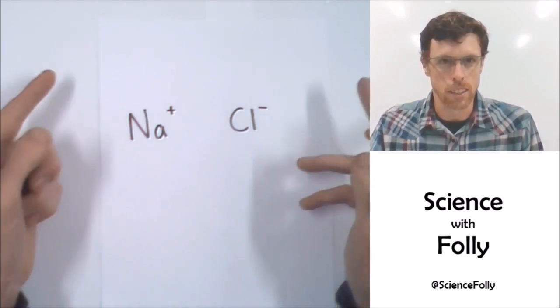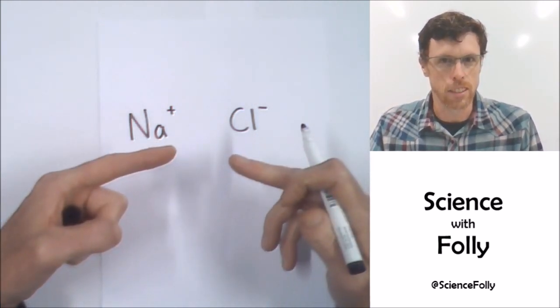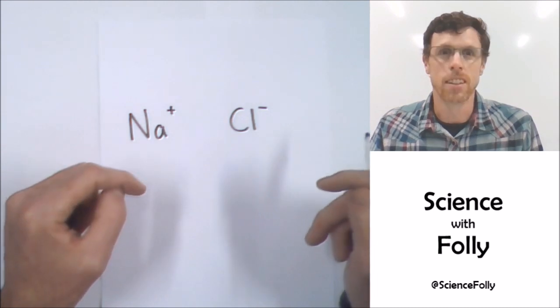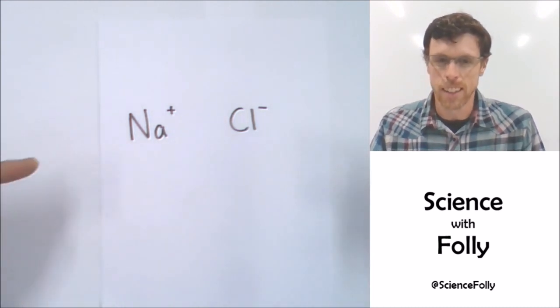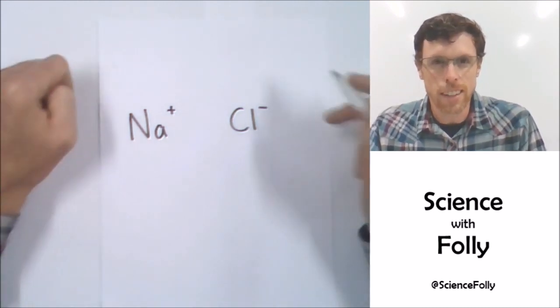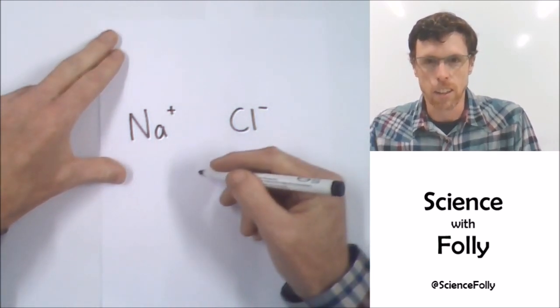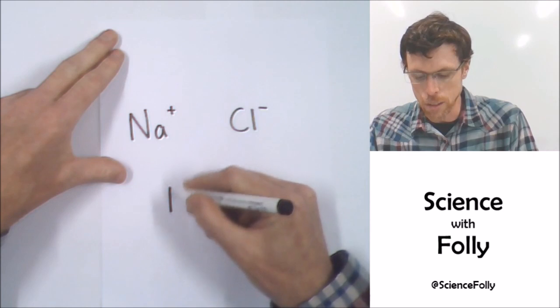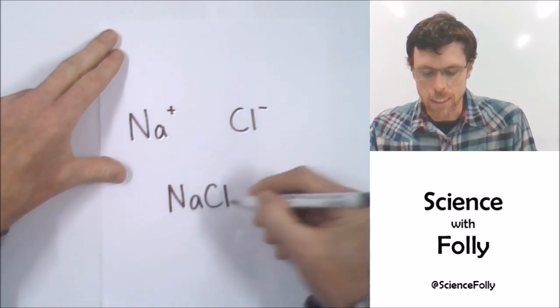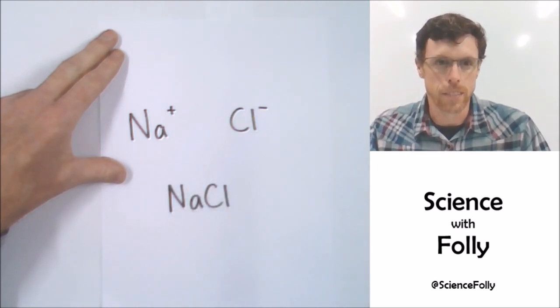Sodium and chloride, as you can see, have opposite charges. Therefore, as we all know, opposites attract, and so they are attracted to each other, and they form what we call an ionic compound. A really common one that you know very well, sodium chloride.